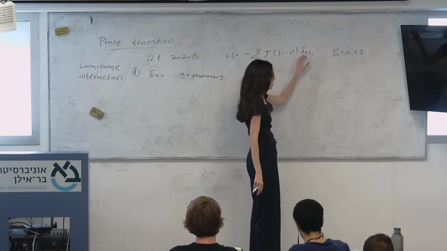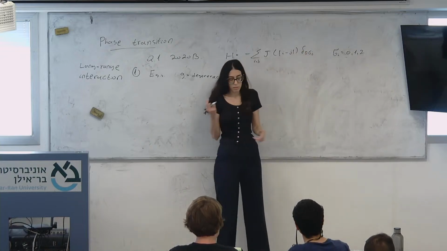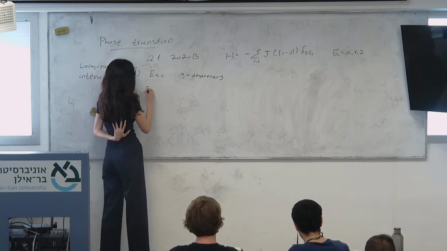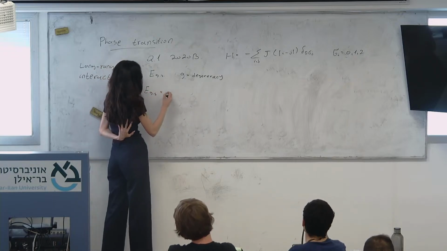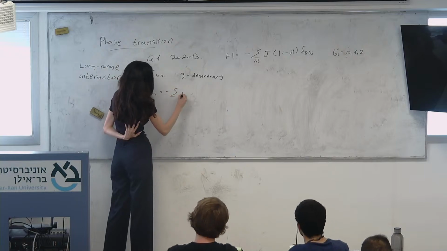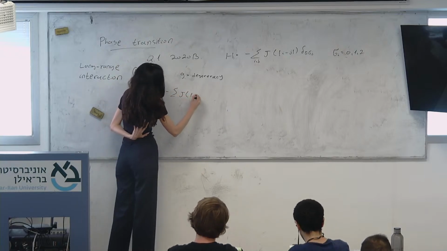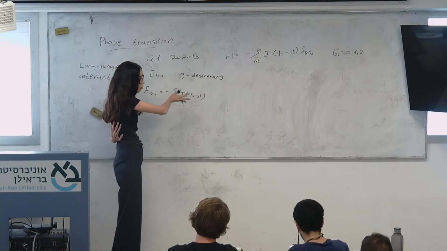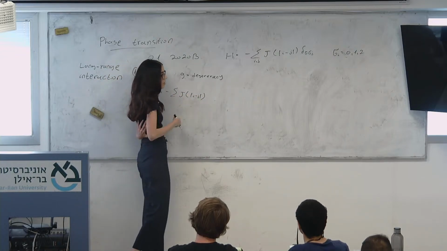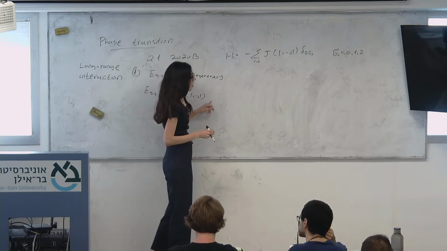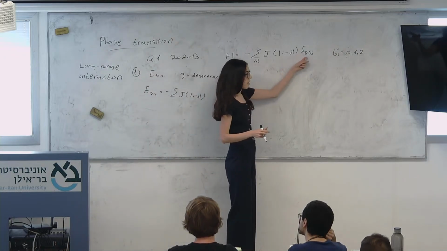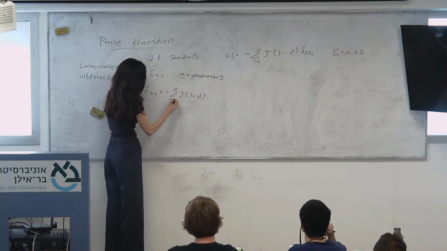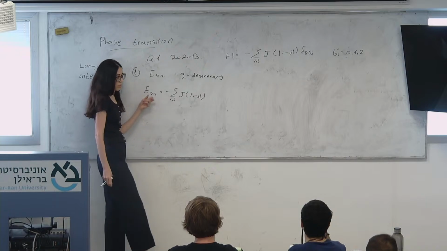Because of this expression here, this is one where sigma I and sigma J are in the same direction. So E ground state equals minus the sum over J, whatever this coupling coefficient is. No one has told us yet what it is, and delta equals 1 because they head in the same direction, and that's it. So that's the ground state energy.